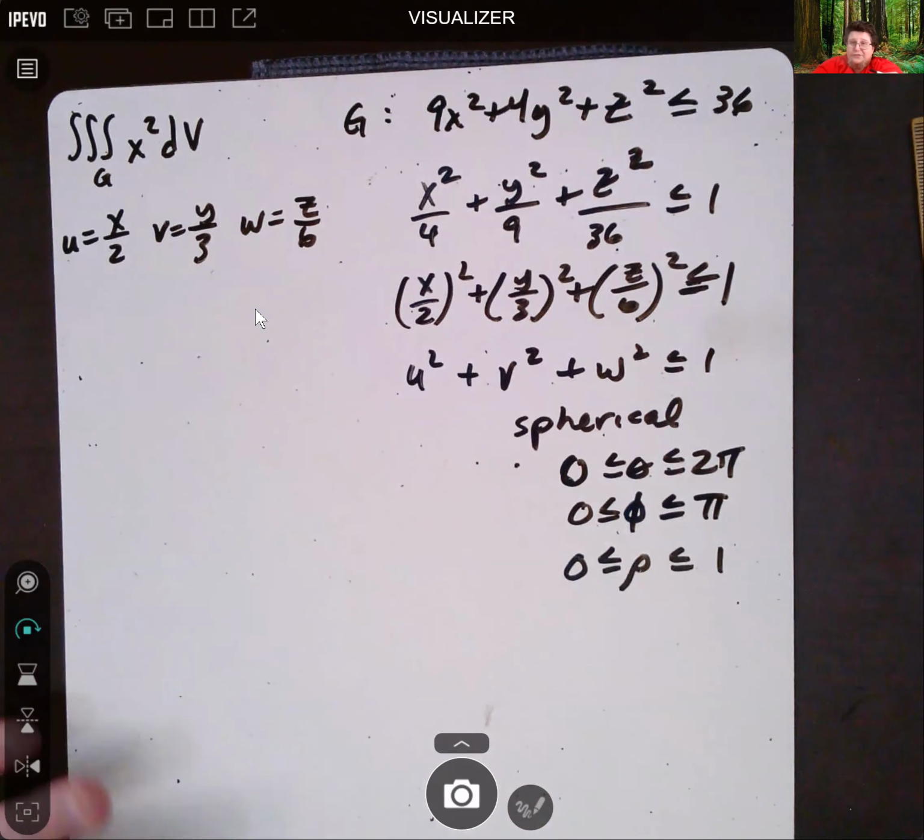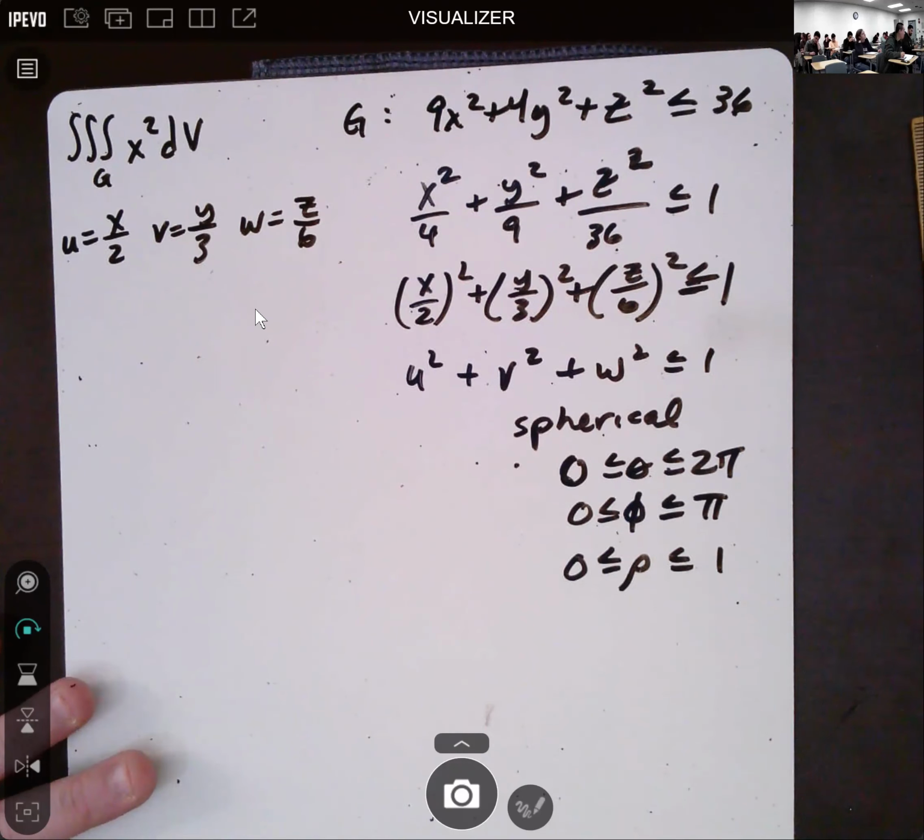The boundary conditions for spherical are easy. The only thing that's going to do is force me to introduce the Jacobian to switch from dV to spherical.